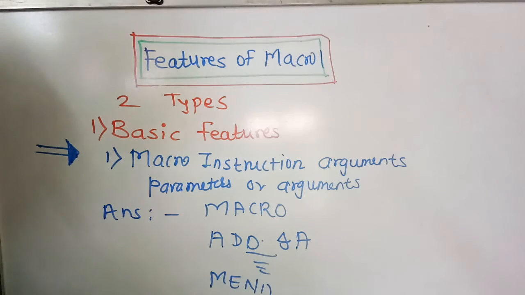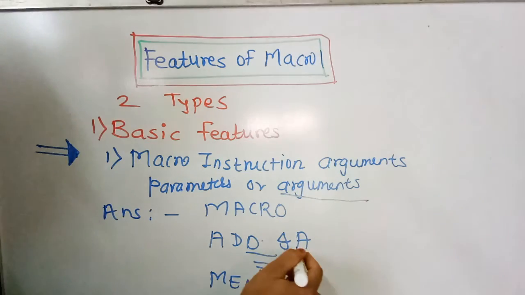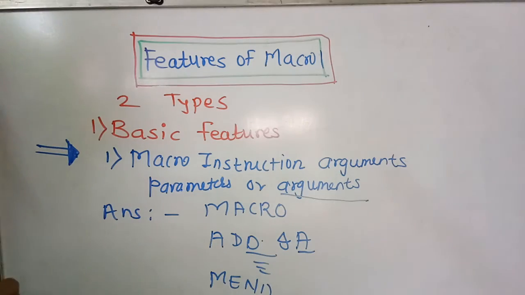So here ampersand a is nothing but the formal parameter, and the macro instruction argument parameters or the simple arguments are these formal parameters, which are actually replaced by the actual parameters. So this is about the macro instruction arguments.